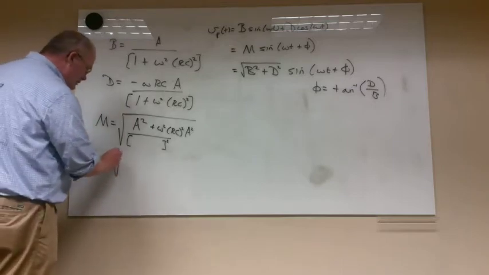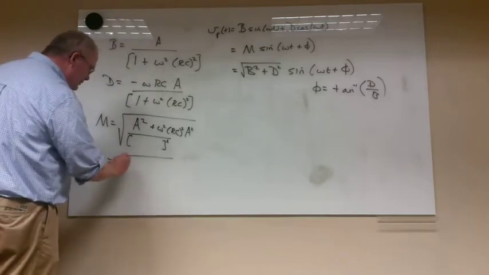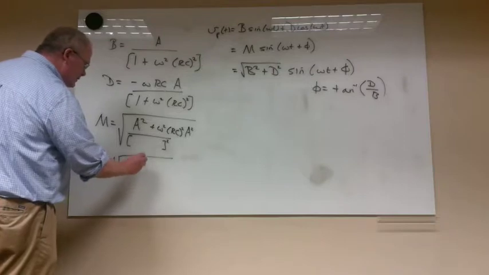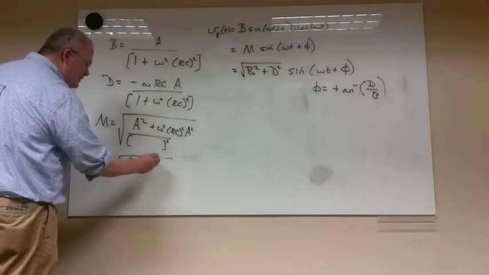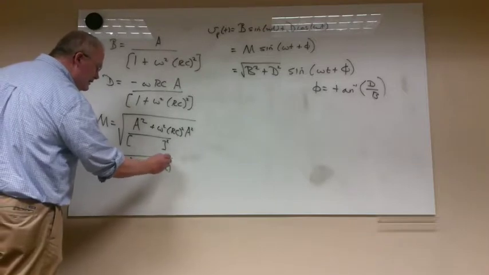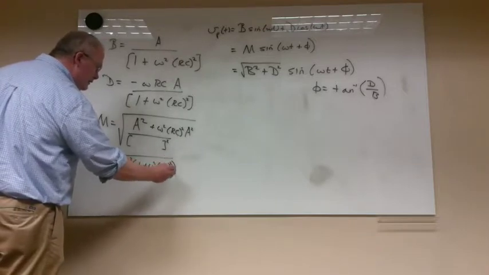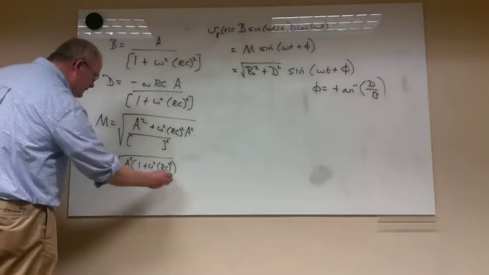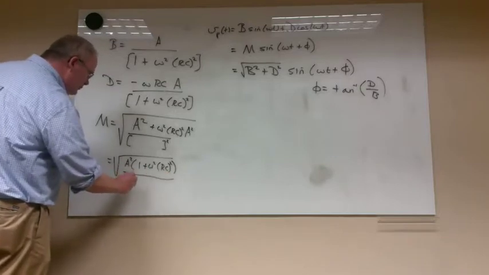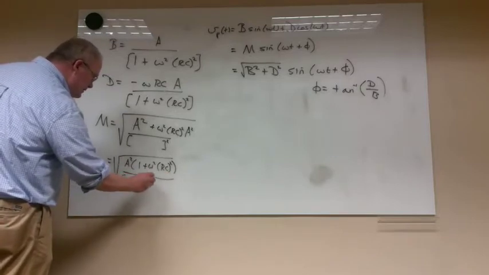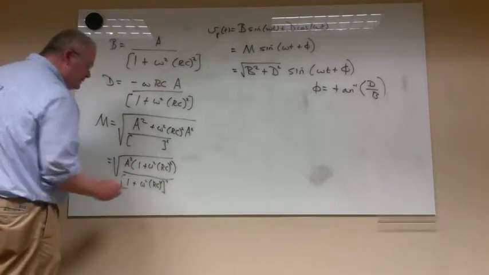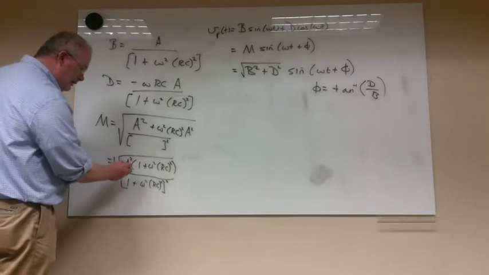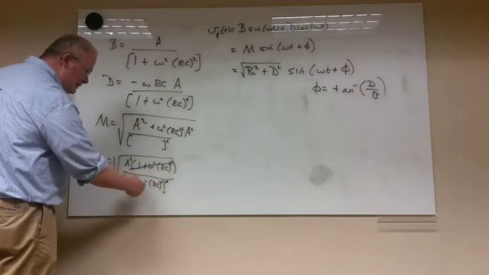If you wanted to, this will be an intermediate step. We have a squared times 1 plus omega squared rc quantity squared, divided by 1 plus omega squared rc quantity squared, and that's actually squared. Okay, check it out. That cancels out one of those.